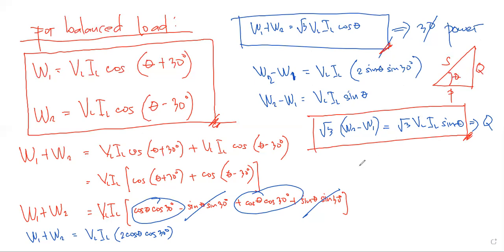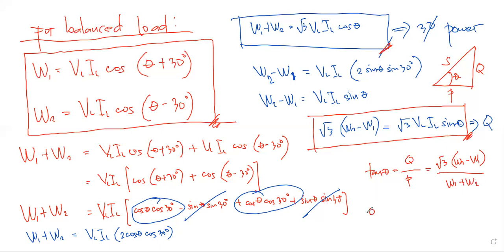If we want to calculate the power factor of the load given the two readings of the wattmeter, we can have tangent of theta, that is the opposite over adjacent, sine over cosine, Q over P. So Q is equal to square root of 3 times wattmeter 2 minus wattmeter 1, divided by P, that is wattmeter 1 plus wattmeter 2.